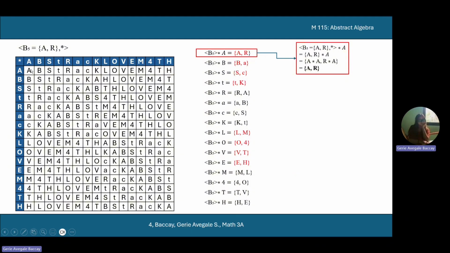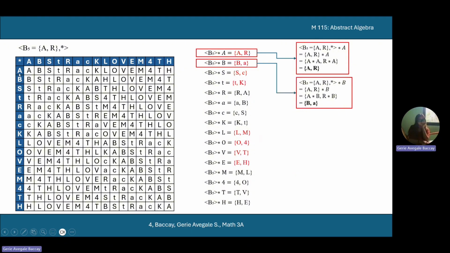A star A is A, and then R star A is R. That's why we have A and R. Next, A star B is B, and then R star B is small a. That's how we get this.